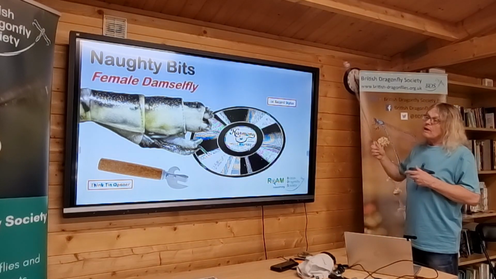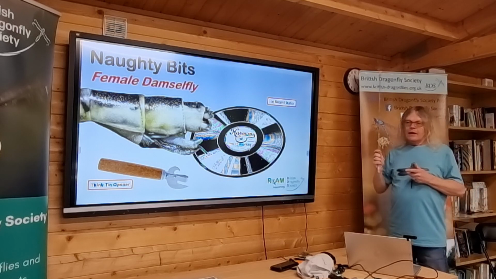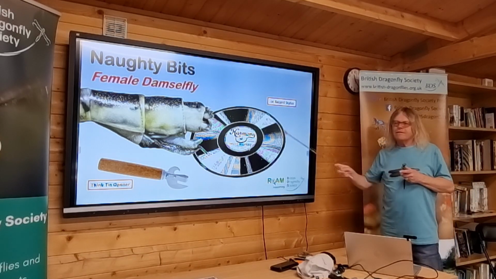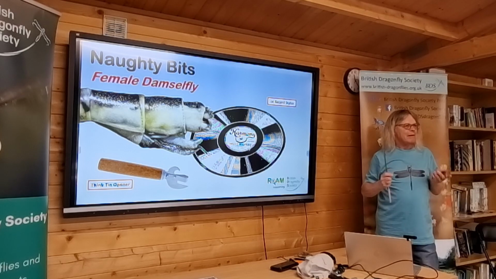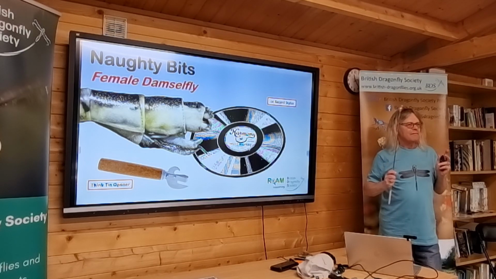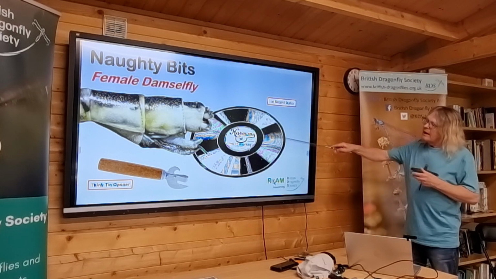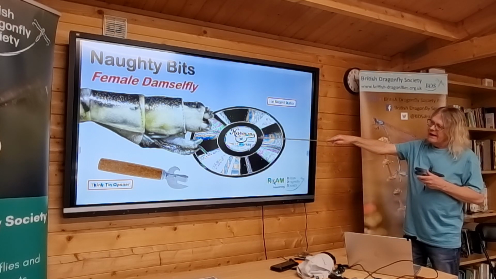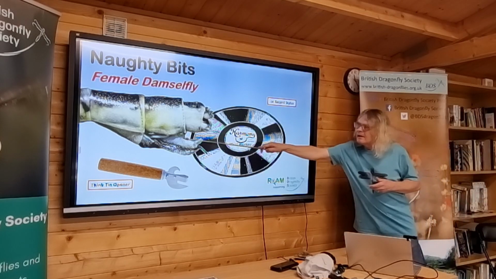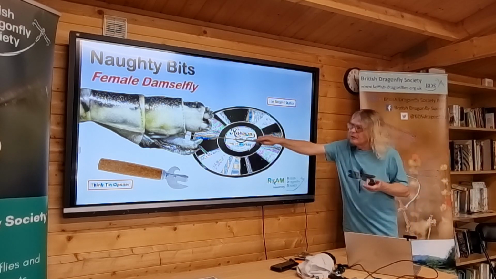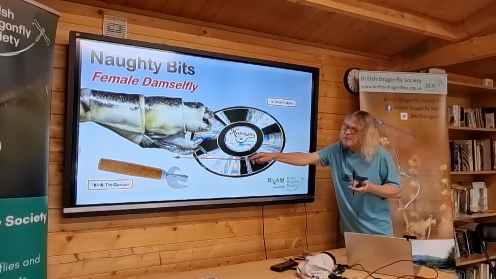Whereas dragonflies, there's only one family of dragonflies that has a true ovipositor, and that's the aeshnids, the hawkers and the emperors. All other true dragonflies do not have an ovipositor like that. They just have what's known as a vulvar scale, which is like a snake scale, I suppose, at the end here, a flap that comes down.